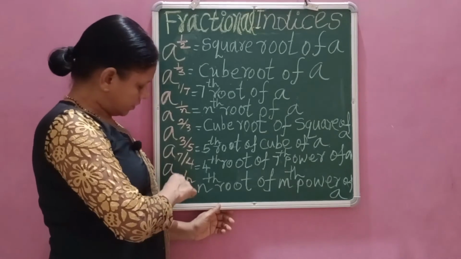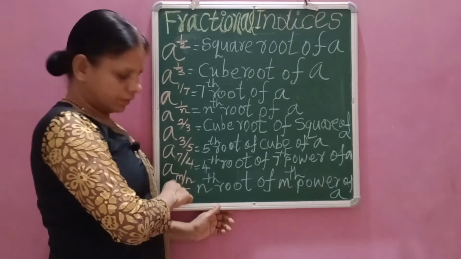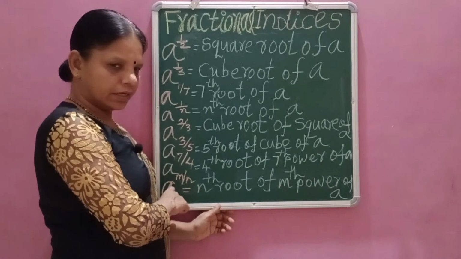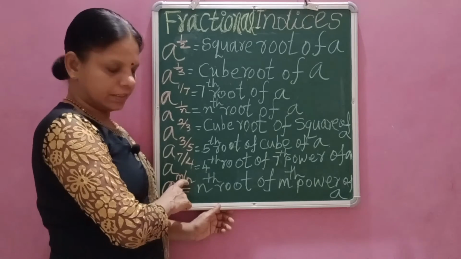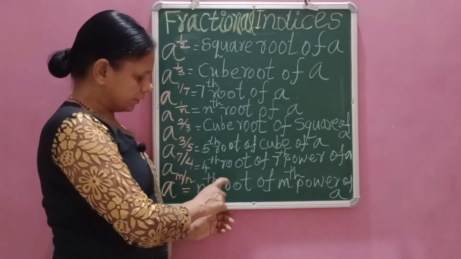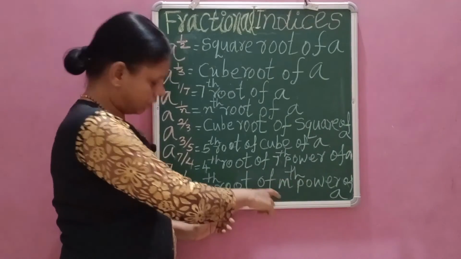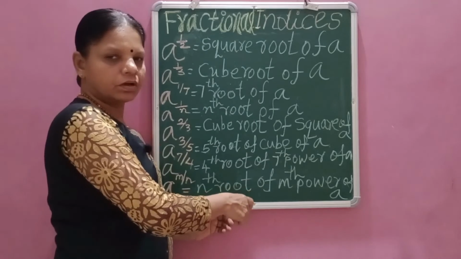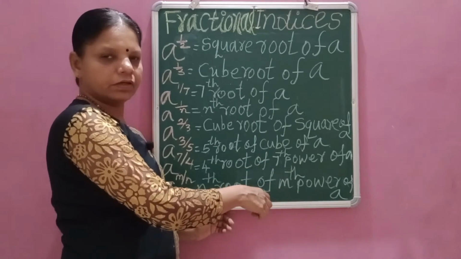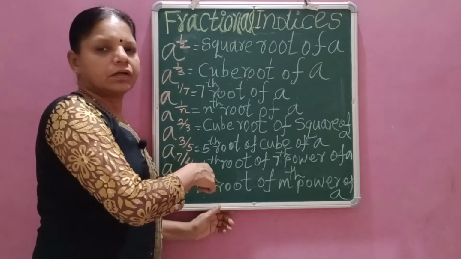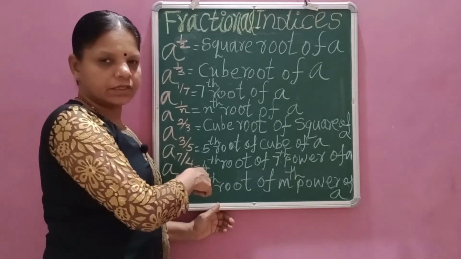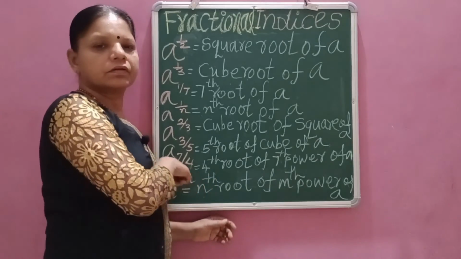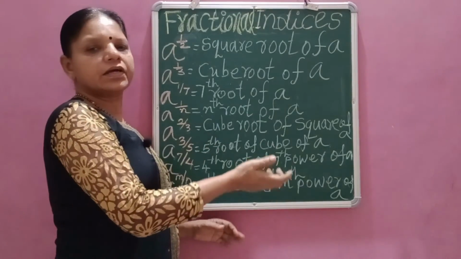Clear? Now the general form, a raised to m upon n. It is read as nth root of mth power of a, or mth power of nth root of a. Anyway you can name the indices. Fractional indices are roots as well as powers.